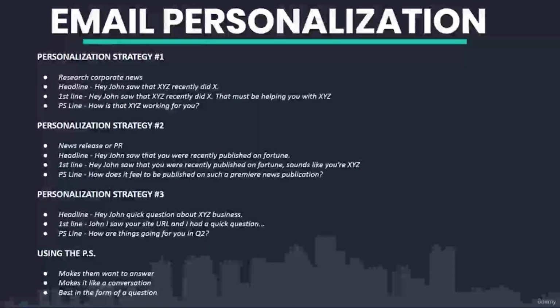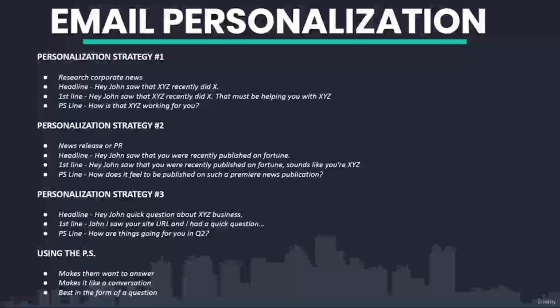So there are 3 different personalization strategies that we're going to cover here. The number one is researching corporate news. This is where you're researching on Google about XYZ company, or maybe about the individual, and literally doing a Google search, right? And your headline can be, hey John, saw that XYZ recently did Y or X, right? Maybe they wrote an article, or they merged with another company, or they have a new product that they're releasing, whatever that may be.